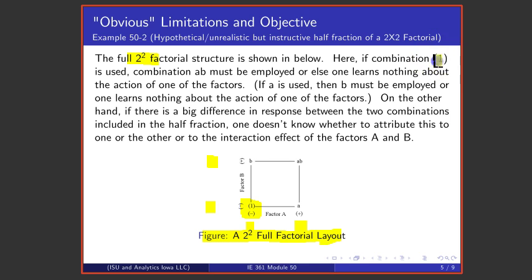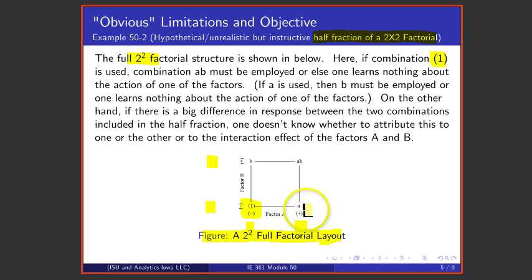That is, combination 1 is going to be used. If one then says, well, I'm only going to do half of all 4 possible combinations, I'm only going to collect data at 2 of those 4 corners, which one should it be? Let's think that through for a second.